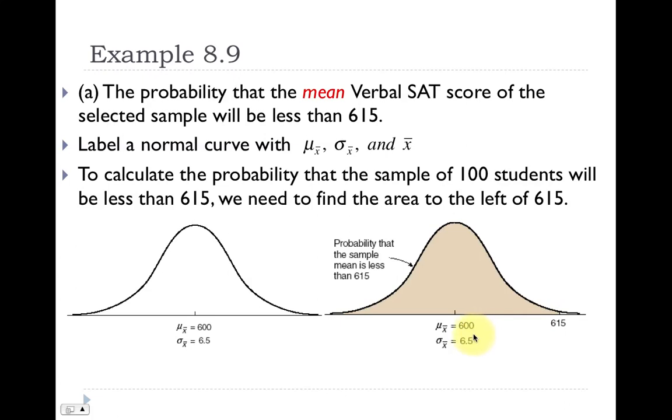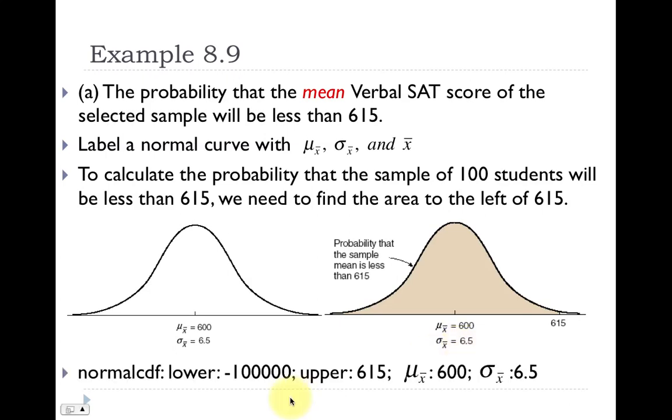Not a standard deviation, but a standard error. Now that's why we calculated sigma x bar earlier. So we're going to put a lower of negative 100,000, an upper of 615. The mean of the sampling distribution is 600, the same as the mean of the population, and the standard error of the sampling distribution is 6.5.